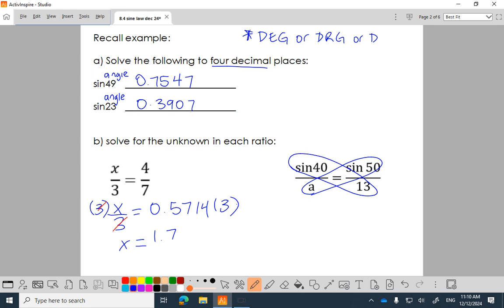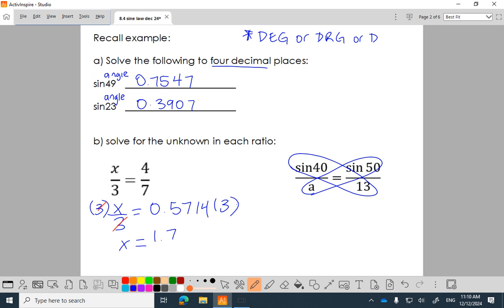And again, you can decide. Sine 40 is not a nice number.